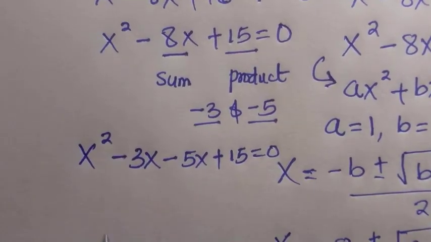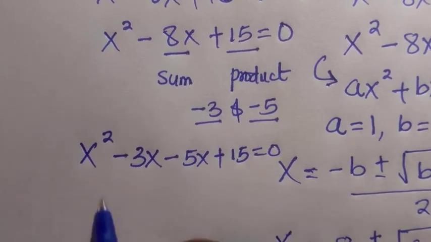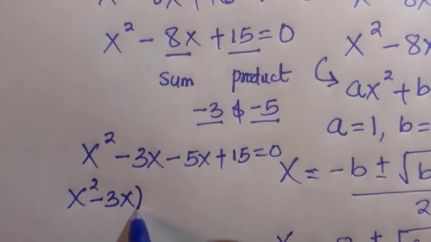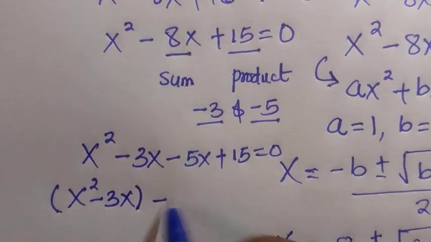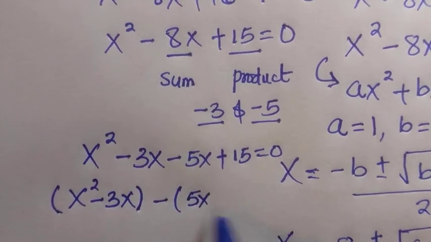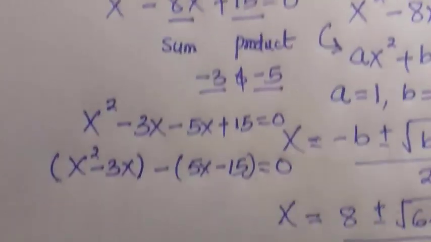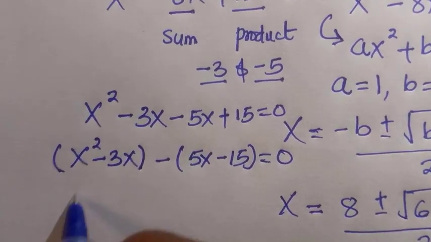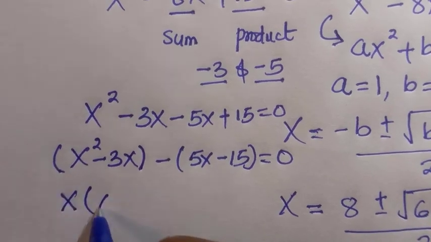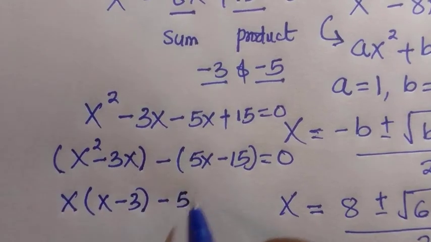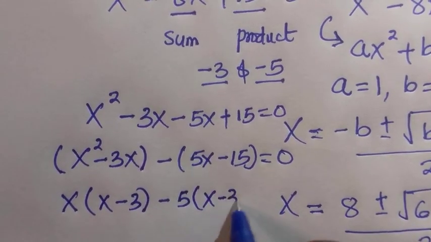So let's try to group this. Since this has an even number of terms, we can group it into 2. We have x^2 − 3x − 5x + 15 = 0. We factor out x here, and we are left with x − 3. By taking out −5 as well, we have x − 3.